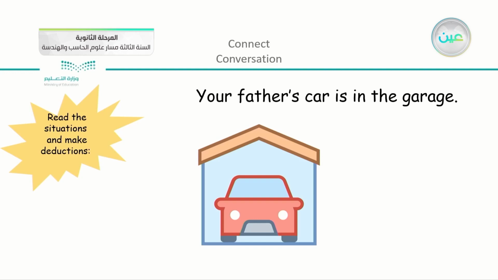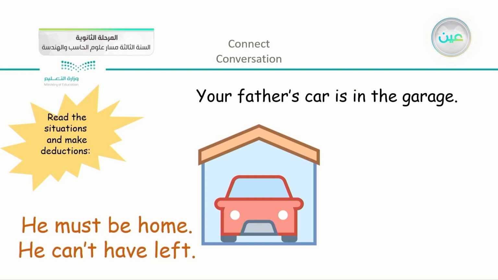Just try to guess or write a sentence, if you would like, that has deduction in it about the situation that you have here. So we can say, he must be home. He can't have left. So you can see that there are two phrases. He must be home, I deduced. He can't have left, also deduction.